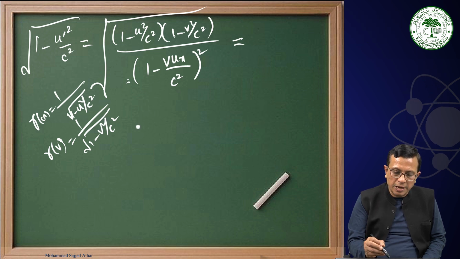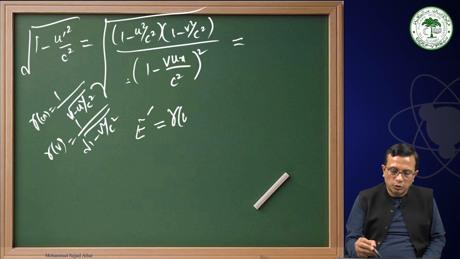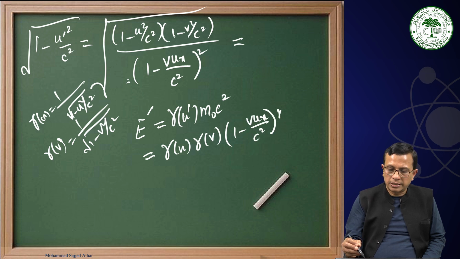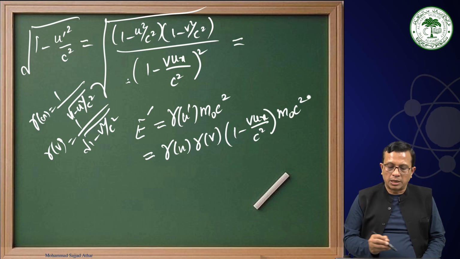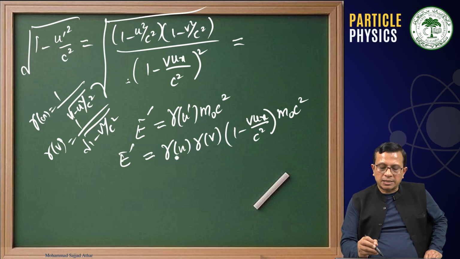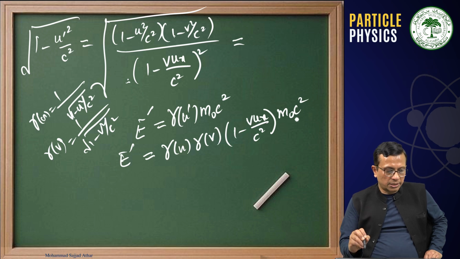And therefore, E prime that we talk about is equal to gamma u prime m naught c square, and this will become equal to gamma u, gamma v, 1 minus v ux by c square times m naught c square. Therefore, you notice you are writing E prime as gamma u, gamma v times 1 minus v ux by c square times m naught c square.